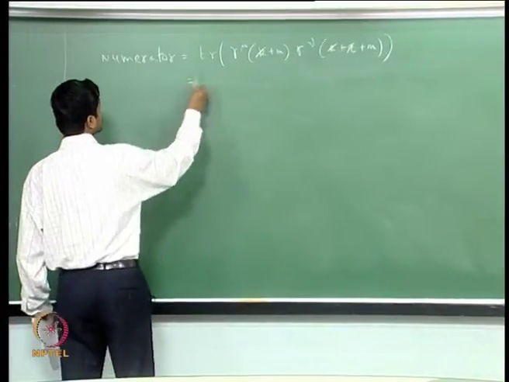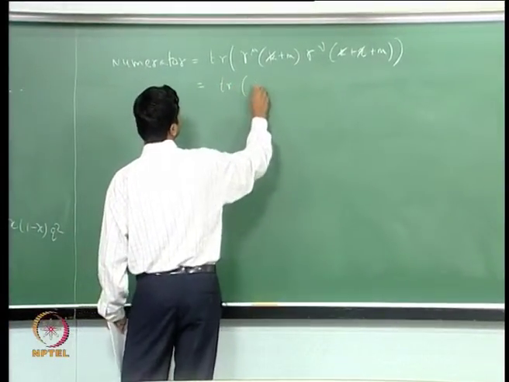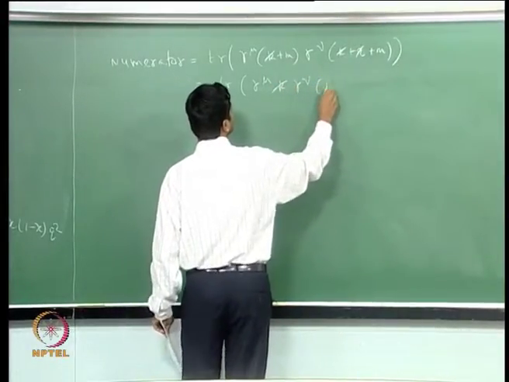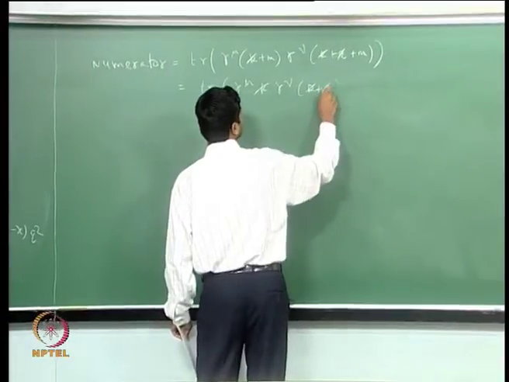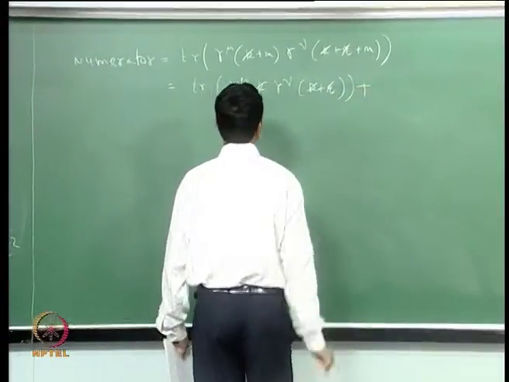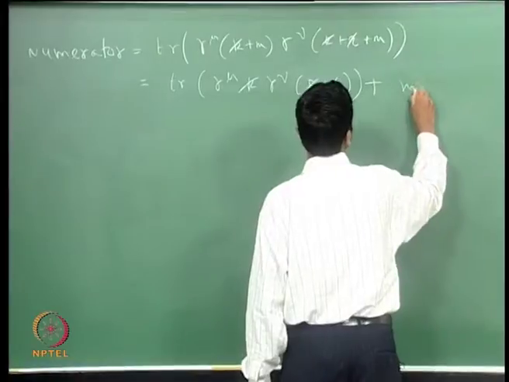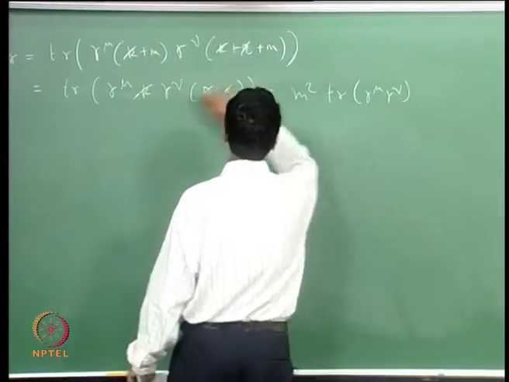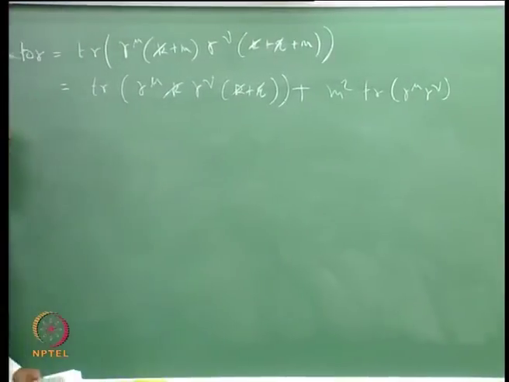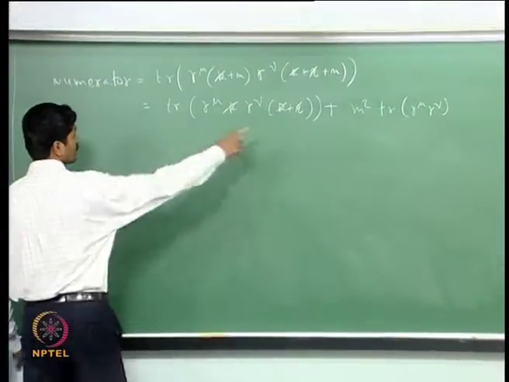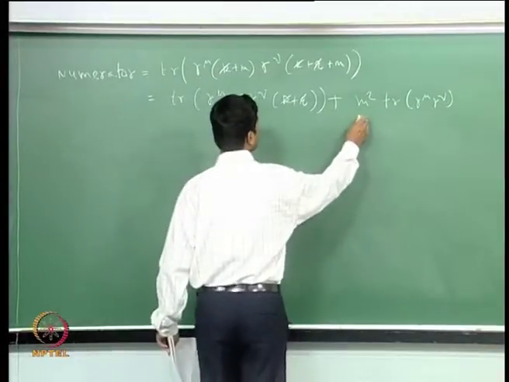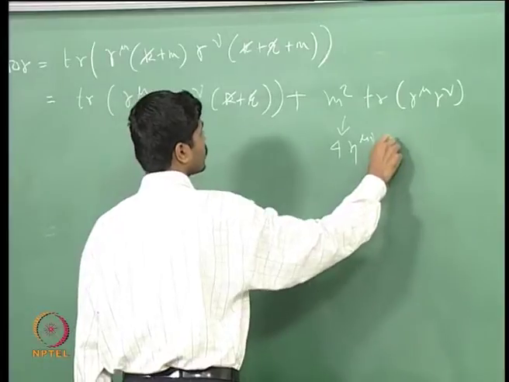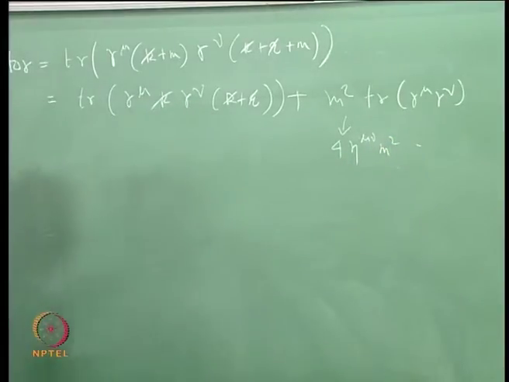I can rewrite this as trace of gamma mu k slash gamma nu (k slash plus q slash) plus m square trace of gamma mu gamma nu. All other terms involve 3 gamma matrices whose trace vanishes. So, this term here is merely given by 4 eta mu nu m square, and this term involves 4 gamma matrices.